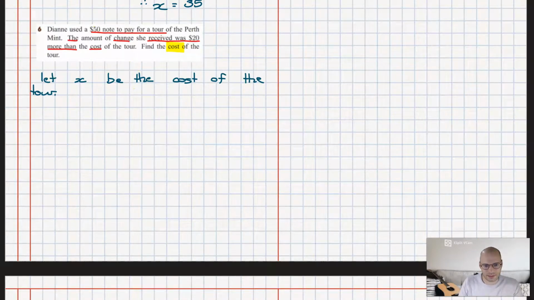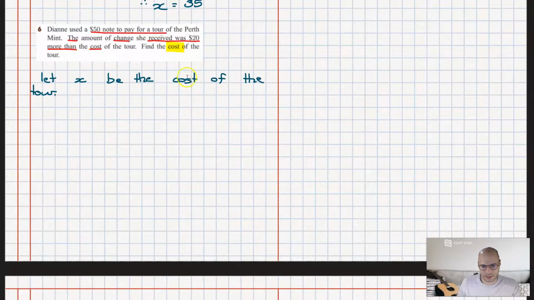Now usually I'd start off writing it in X, but I think in this case it's a little bit easier to still keep it somewhere between math and English. So let's think about it. The key statement we have here is the change received was $20 more than the cost.